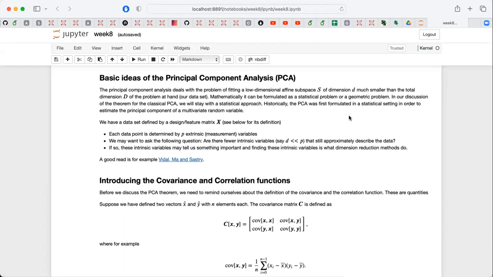It's based on plain applications of linear algebra, and it has many nice interpretations. Essentially what you're doing is diagonalizing the covariance or the correlation matrix. The diagonal matrix elements after diagonalization are going to represent the variance.